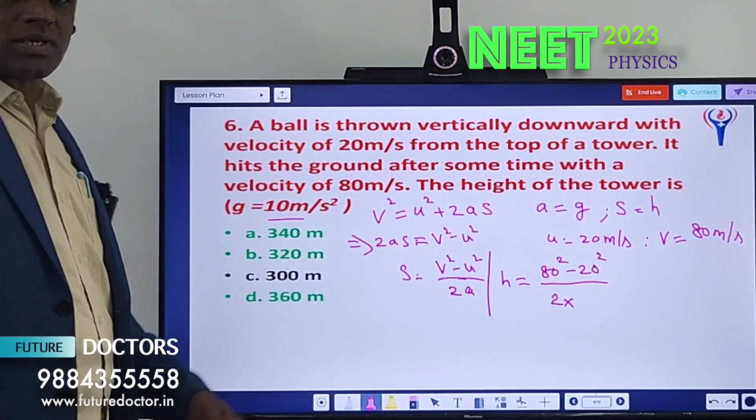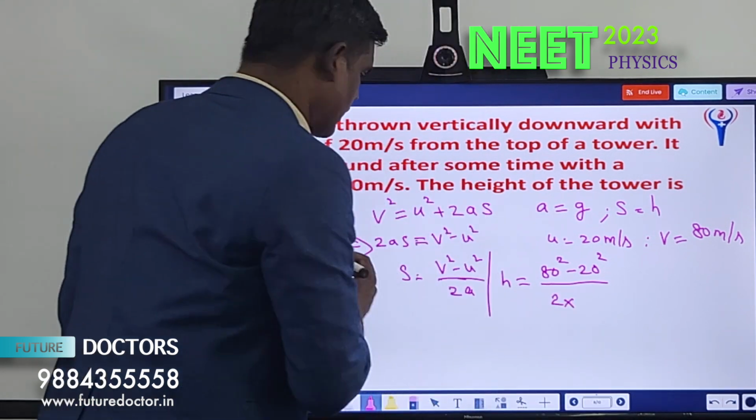g is given as 10, so no need to substitute 9.8; you can boldly write 10.